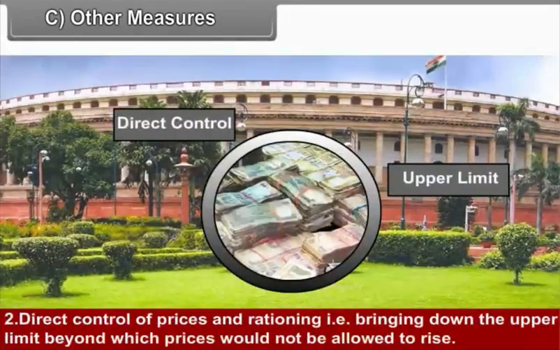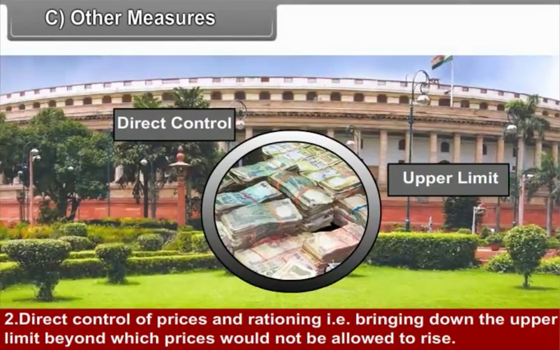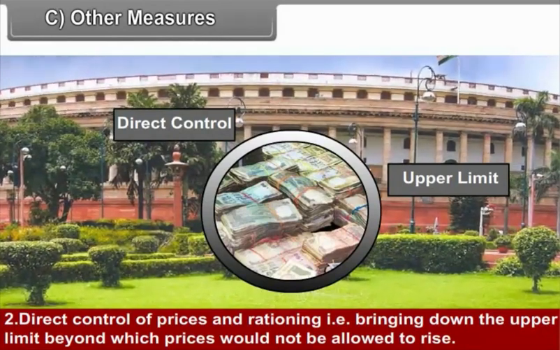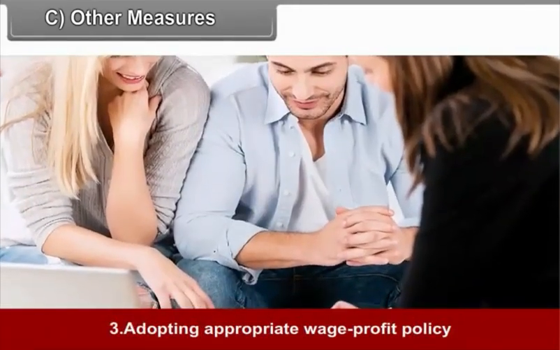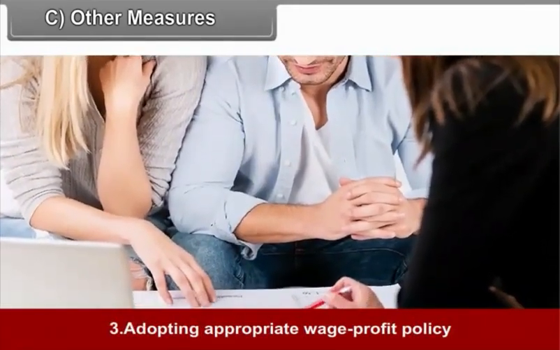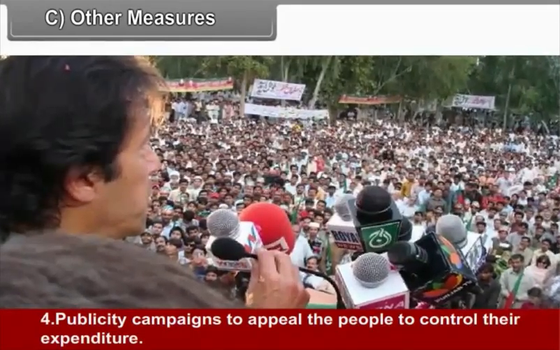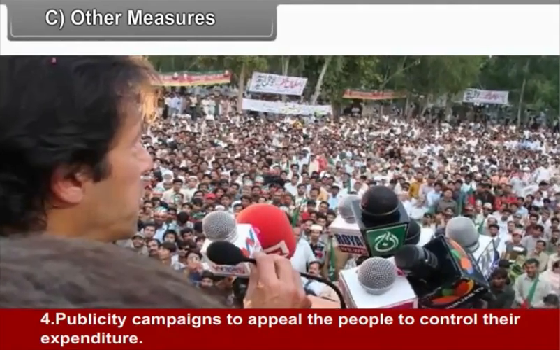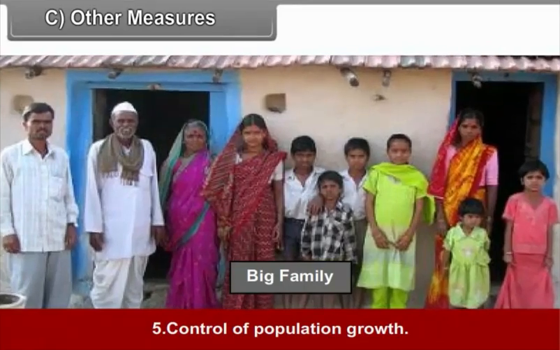Direct control of prices and rationing, that is, bringing down the upper limit beyond which prices would not be allowed to rise. 3. Adopting appropriate wage profit policy. 4. Publicity campaigns to appeal the people to control their expenditure. 5. Control of population growth.